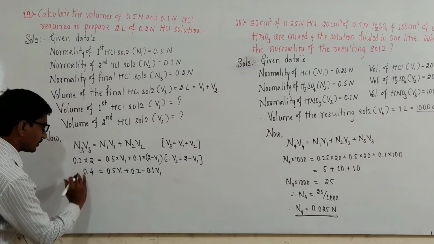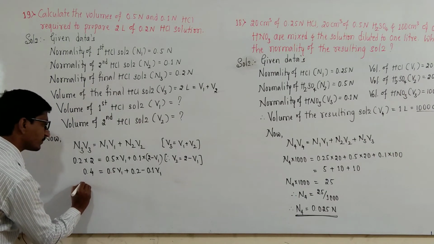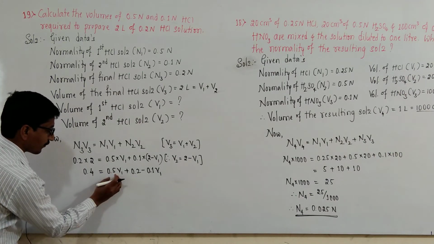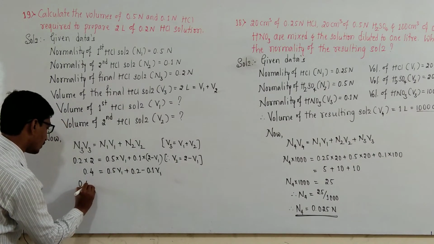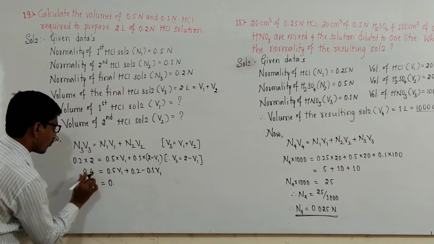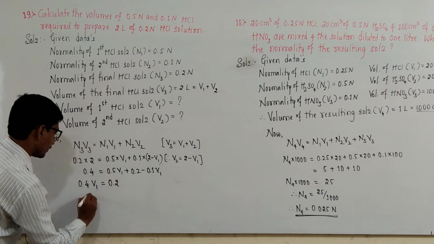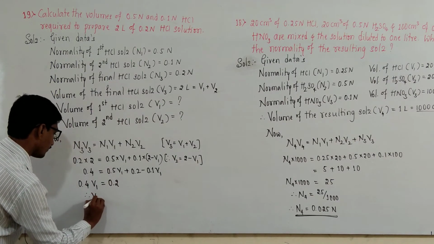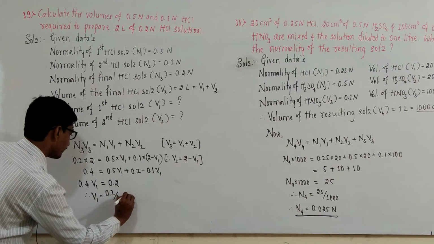Then V1 terms on one side, numbers on the other side. Here 0.5 V1 minus 0.1 V1 means 0.4 V1 is equal to 0.4 minus 0.2, which means 0.2. Therefore, V1 is equal to 0.2 by 0.4.